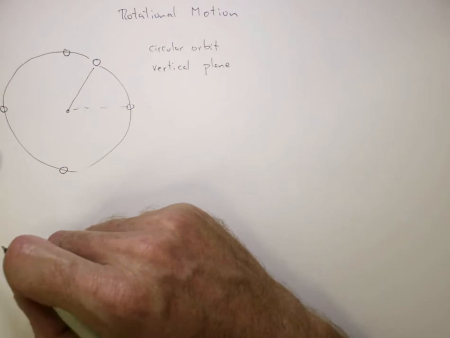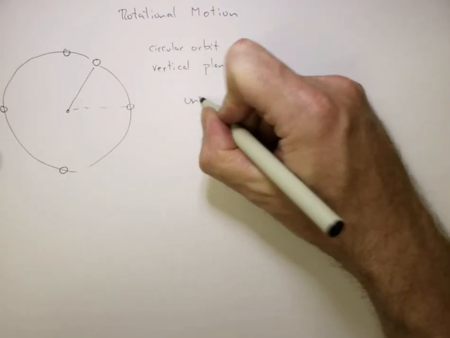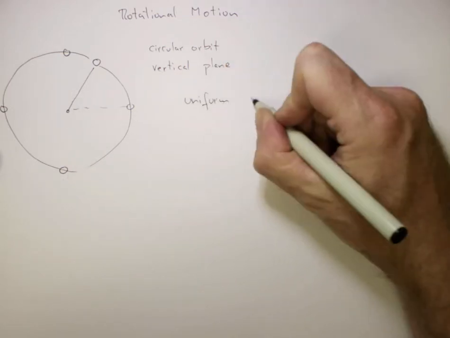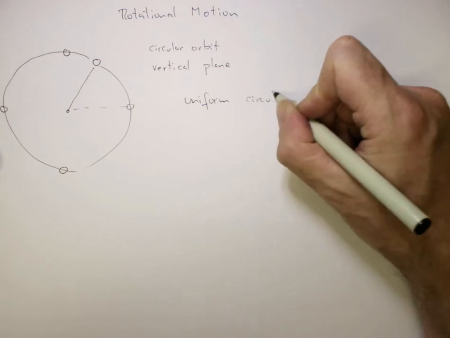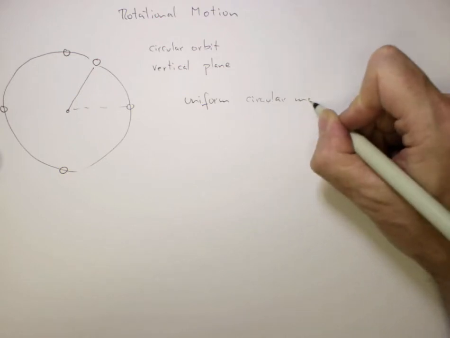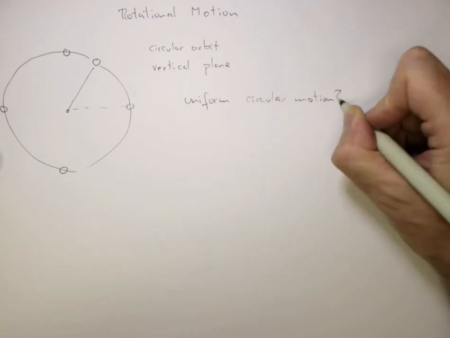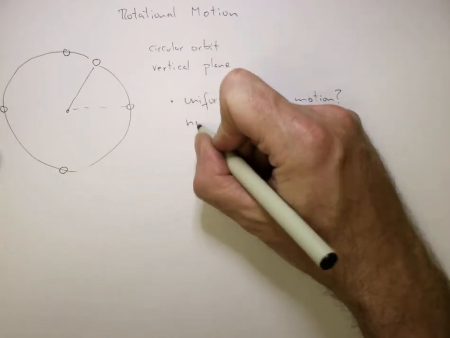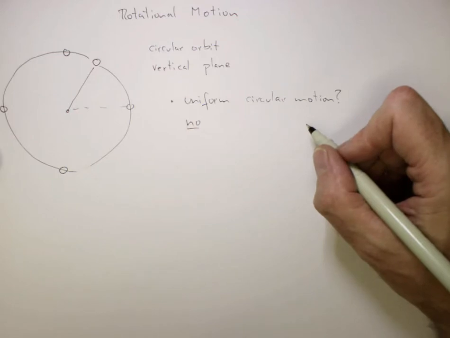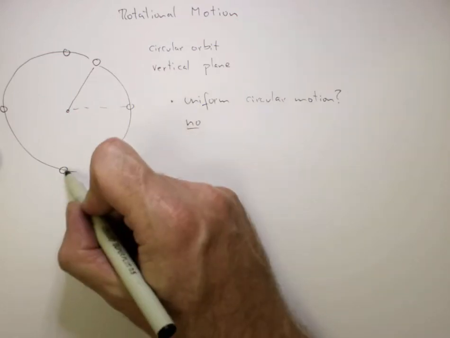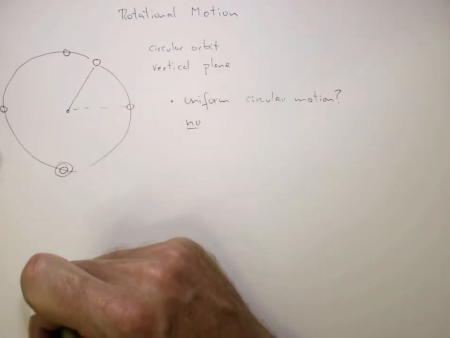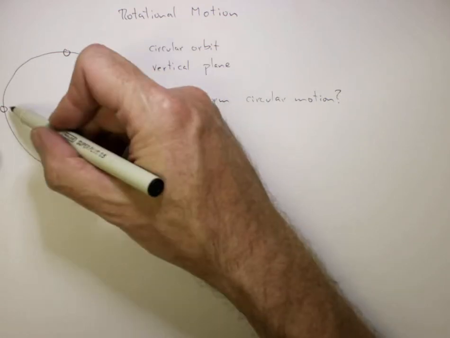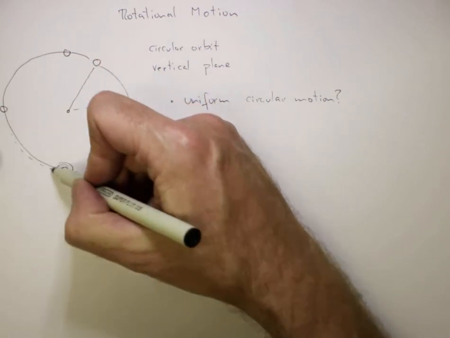So, do we have uniform circular motion? That's the question we might ask. Well, the answer is no, because the ball will be faster at the bottom because it's been accelerated by gravity along here.